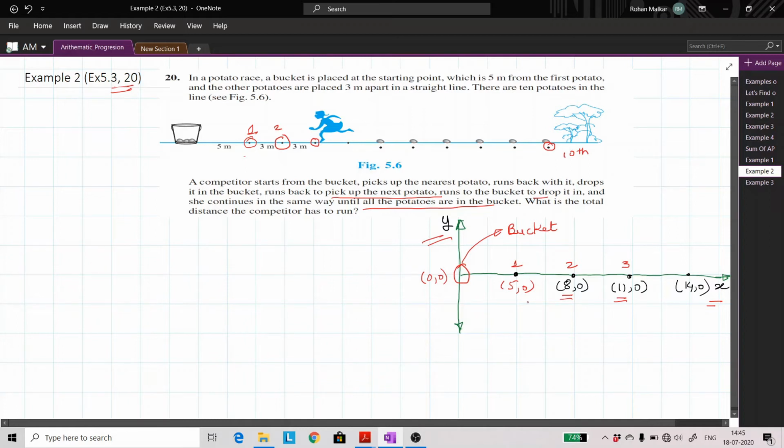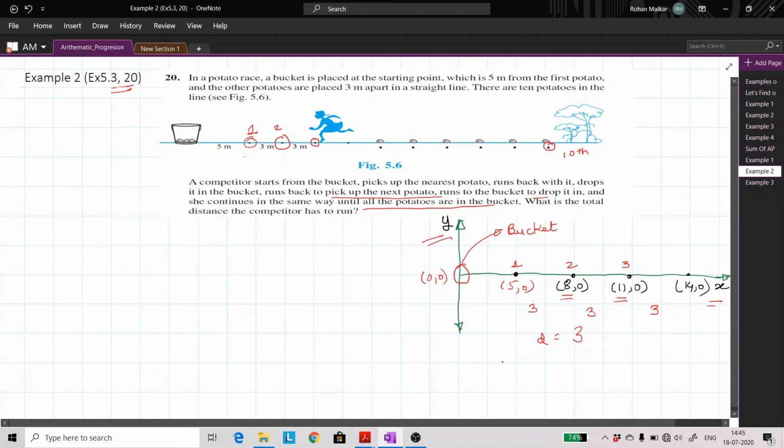If you look at these numbers, 8 minus 5 gives a difference of 3, 11 minus 8 gives a difference of 3, 14 minus 11 is again a difference of 3. So yes, these potatoes are arranged in an arithmetic progression with a common difference of 3.